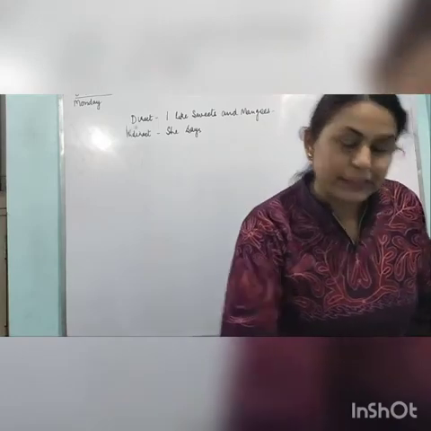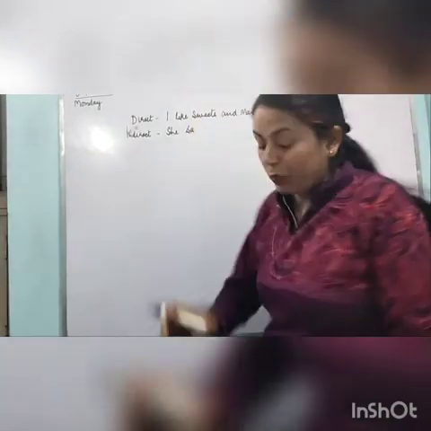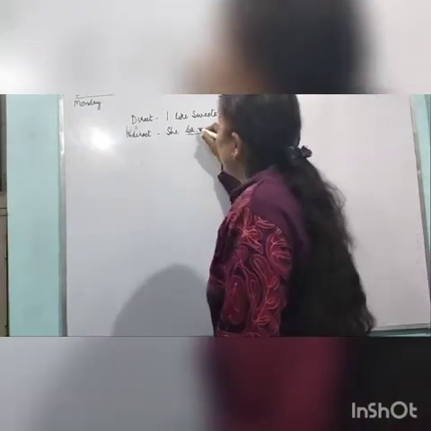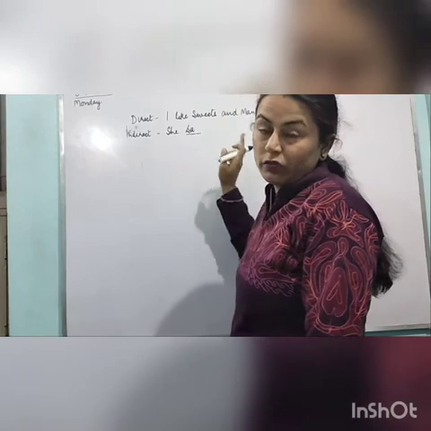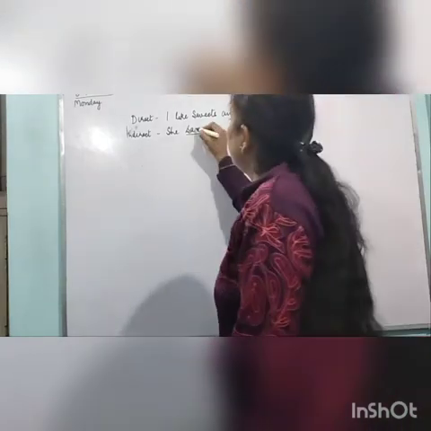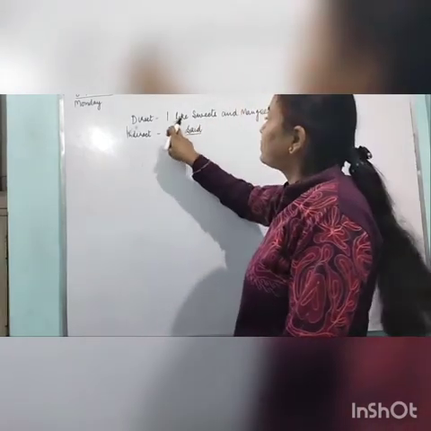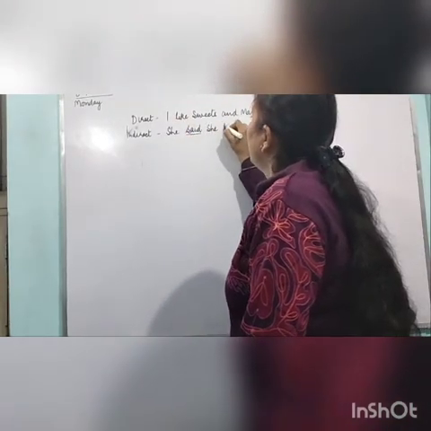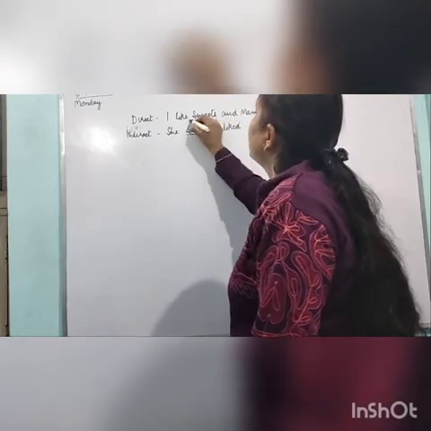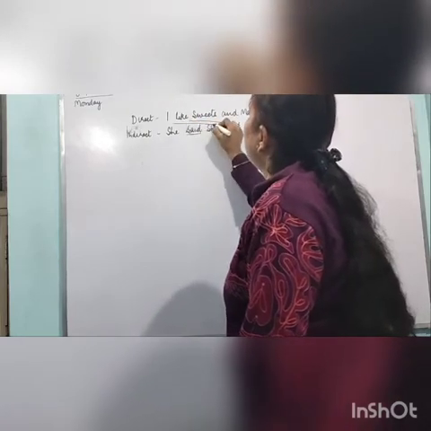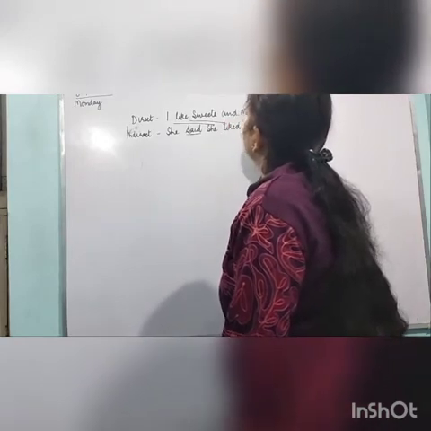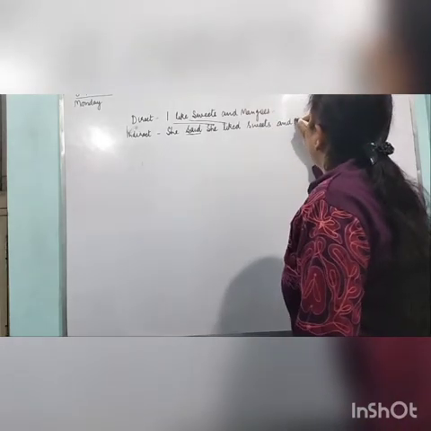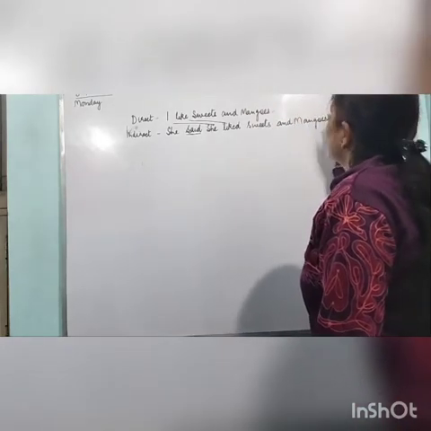और अगर ये जो है हमारा reporting verb, this is called our reporting verb. अगर ये present tense में है, then the tense of the speech will not change. But if it is in the said, past tense में है, तो क्या बन जाएगा? I का बन जाएगा she. She said that she liked sweets and mangoes. So like से बन जाएगा liked. So it will change like this.